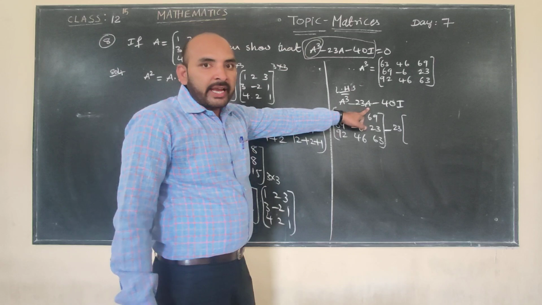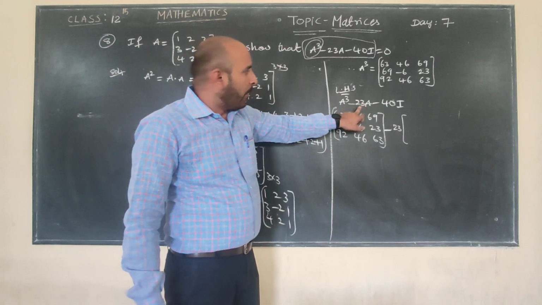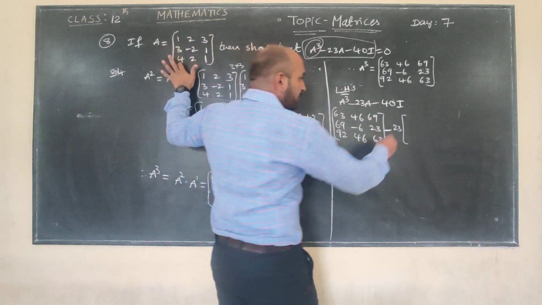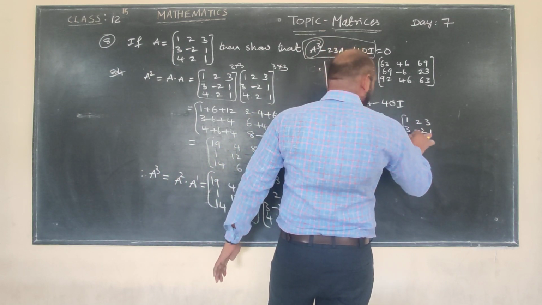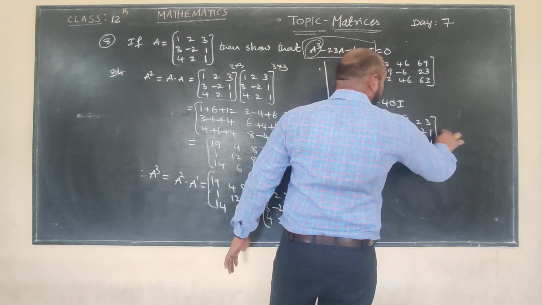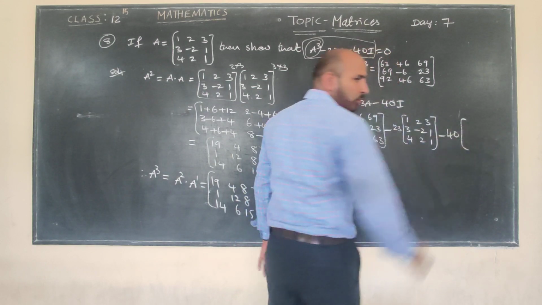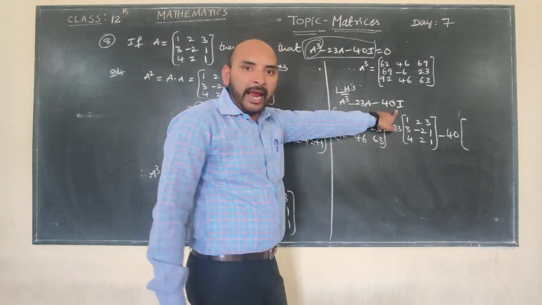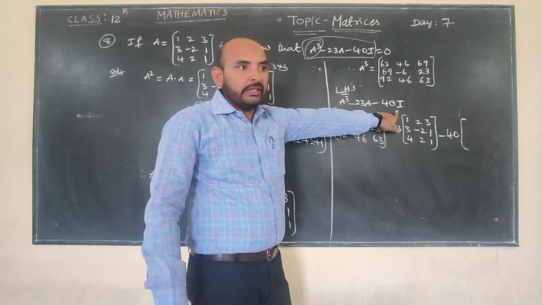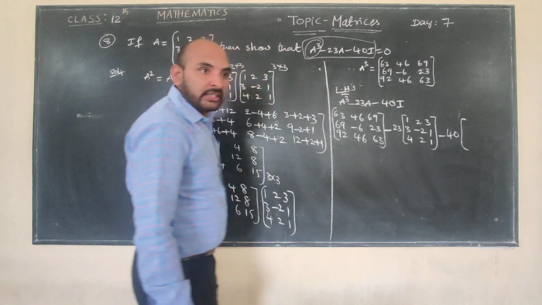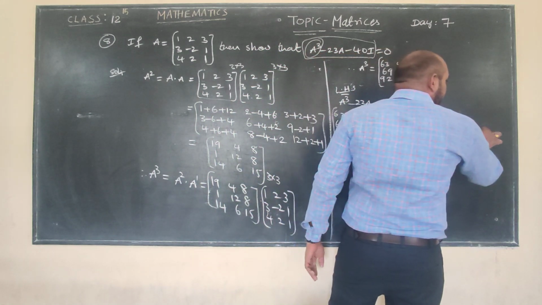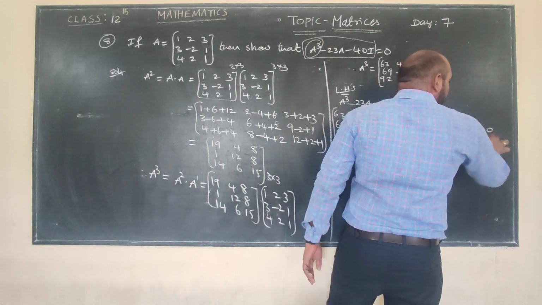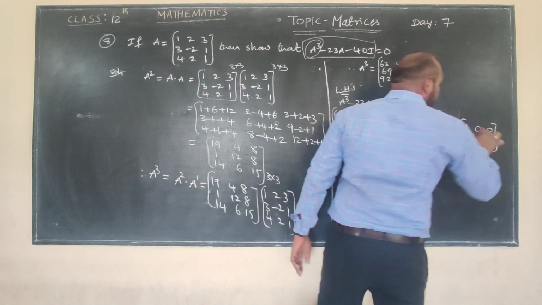It is the scalar. 23 is a scalar multiplied by the given matrix. Given matrix is what? 1, 2, 3, 3 minus 2, 1, 4, 2, 1, minus 40 into I means what? Identity matrix of the order 3 cross 3, because the given matrix is 3 by 3. You have to take identity matrix 3 by 3: 1, 0, 0, 0, 1, 0, 0, 0, 1.